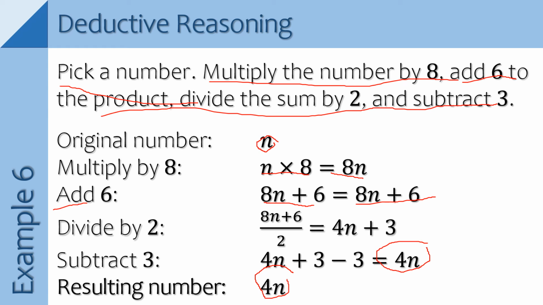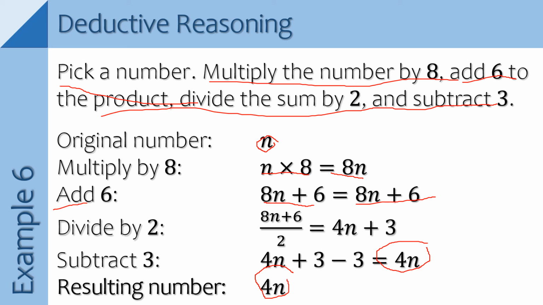Like what I said kanina, we use deductive reasoning to show that the procedure produces a number that is 4 times the original number. If we recall our example in inductive reasoning, where n is equal to 5, 4 times 5 is equal to 20.